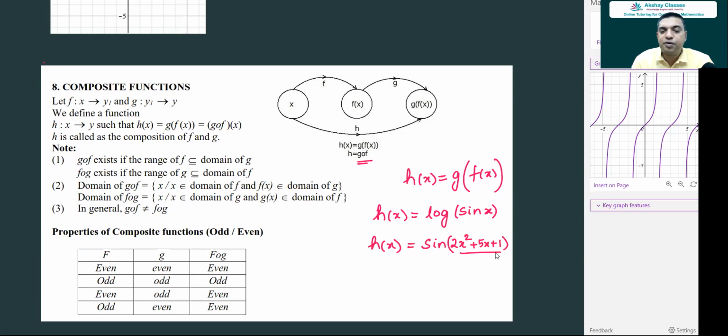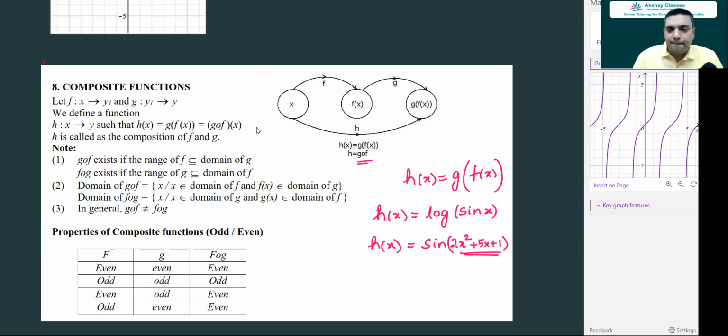Now, this expression itself is a function and sine is acting over it. So pretty much we keep dealing with these types of composite functions in our calculus.